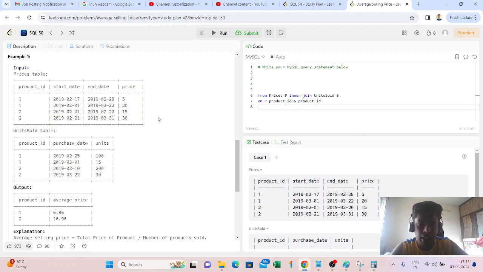And then where S dot purchase date between P dot start date and P dot end date.